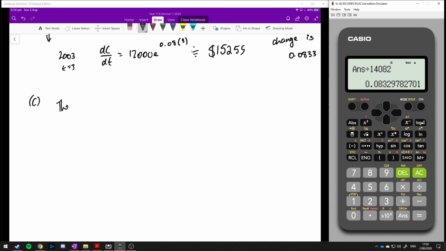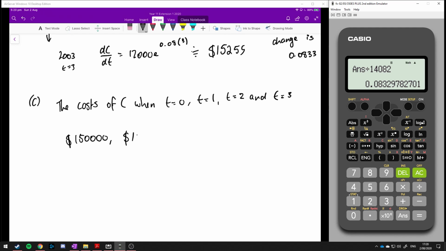So the costs, or the values of C when t is equal to 0, t is equal to 1, t is equal to 2, and t is equal to 3 are, so this is substituting it into the original cost function. So this is the first one, and we're going to make life a bit easier.